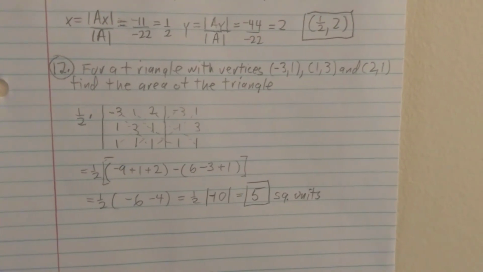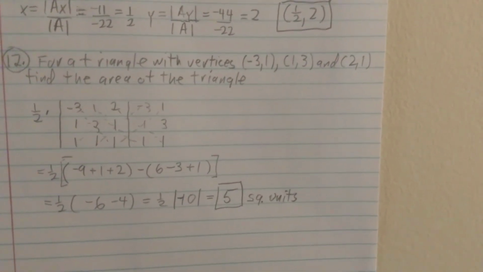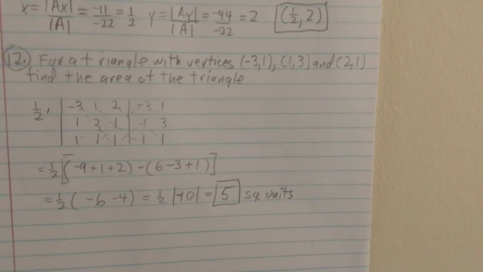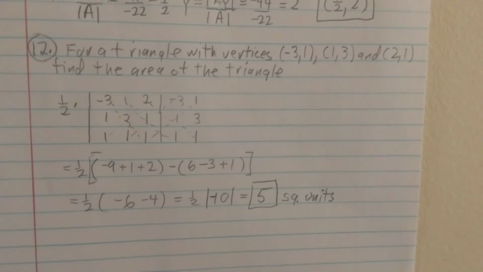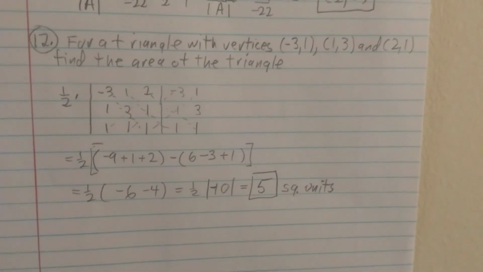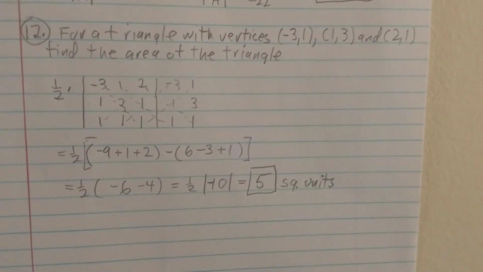And our last problem is for a triangle with vertices at negative 3, 1, 1, 3, and 2, 1, find the area of the triangle using a 3 by 3 determinant. So the formula for that is 1/2 times the determinant of this 3 by 3.